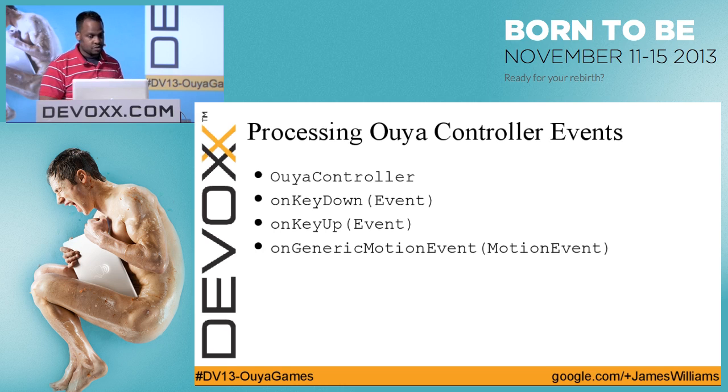To process the controller events, it's essentially the same as processing an event for the Java example that I showed, where you're looking at on key down, on key up, and on generic motion event. The main difference between the Java version and this version is those 3 functions are provided by Android.